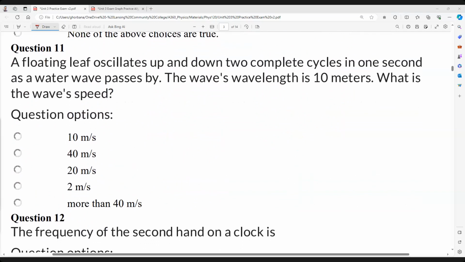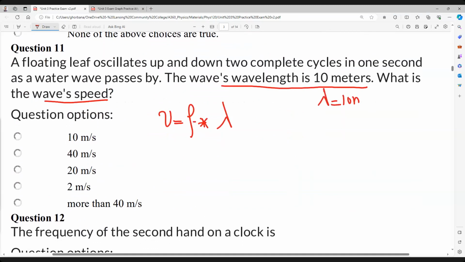Question number 11. A floating leaf oscillates up and down 2 complete cycles in 1 second. So again, this is kind of the same problem. If the wavelength is 10 meters, what is the speed? What was the formula of the speed? Frequency multiplied by lambda. We already have lambda, which is 10 meters, and we are supposed to find the frequency.